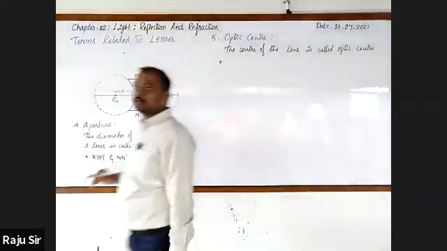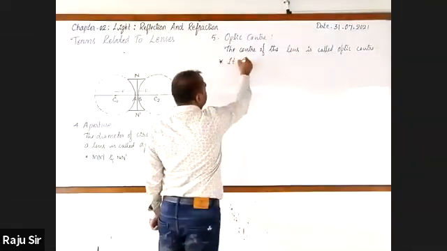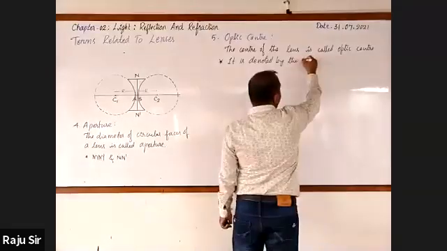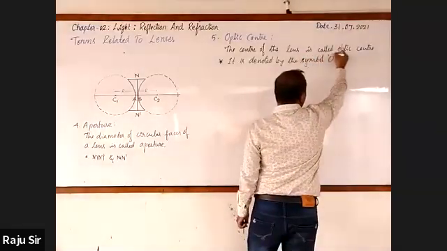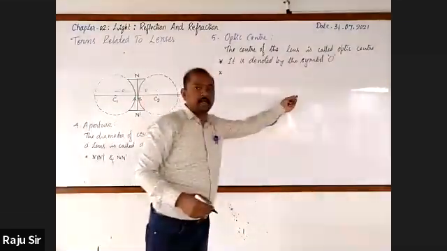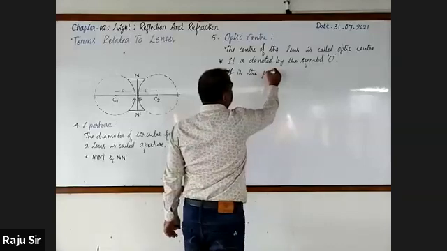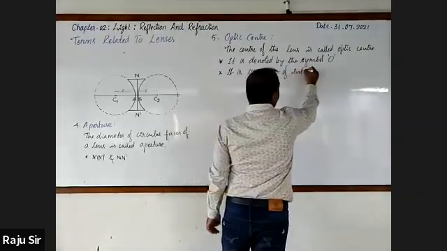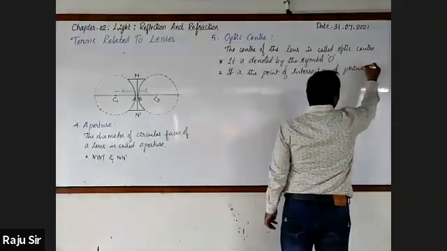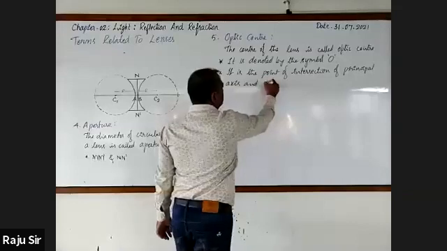And usually it is denoted by the symbol O. We also know that it is the point of intersection of principal axis and the aperture.